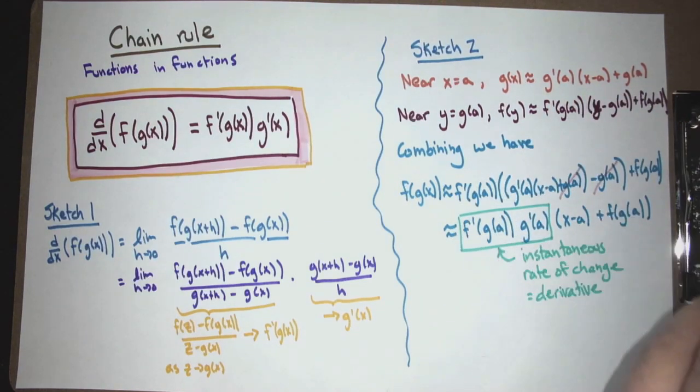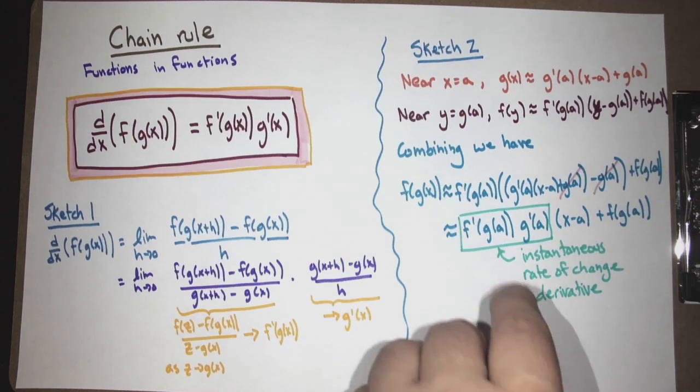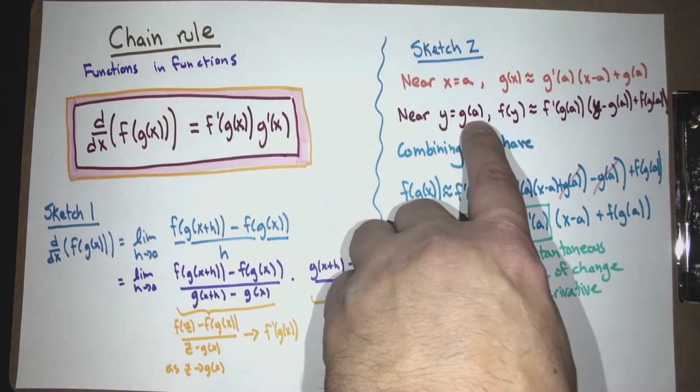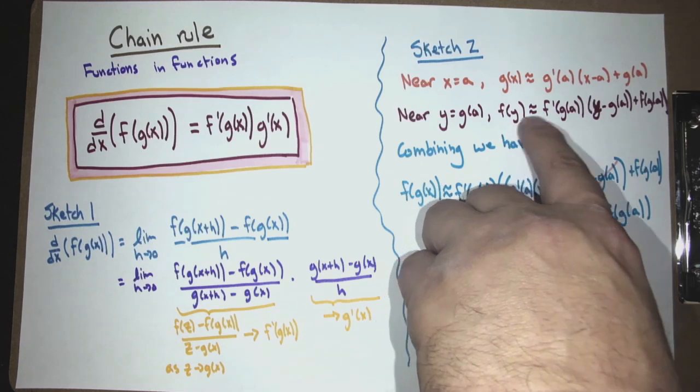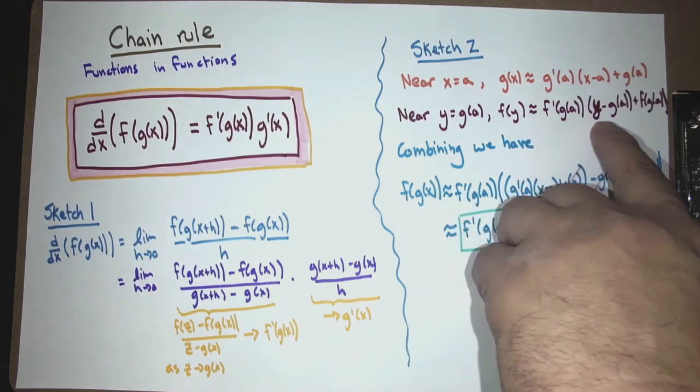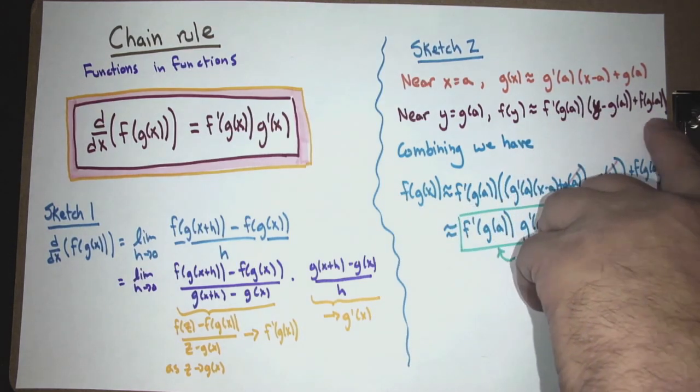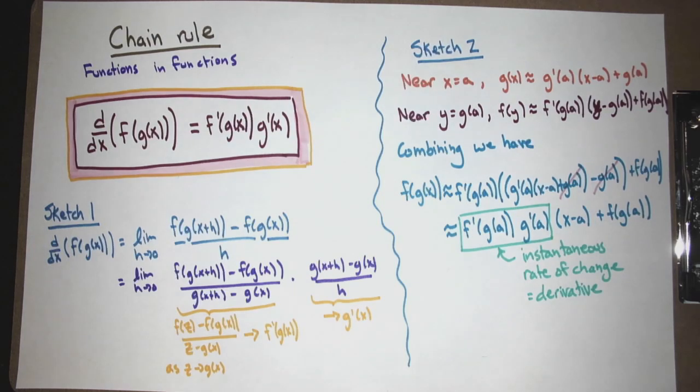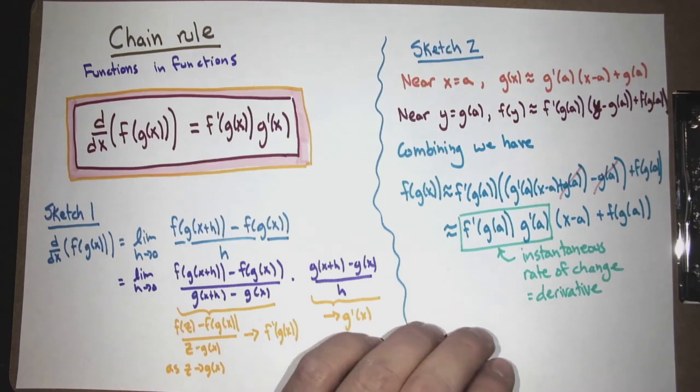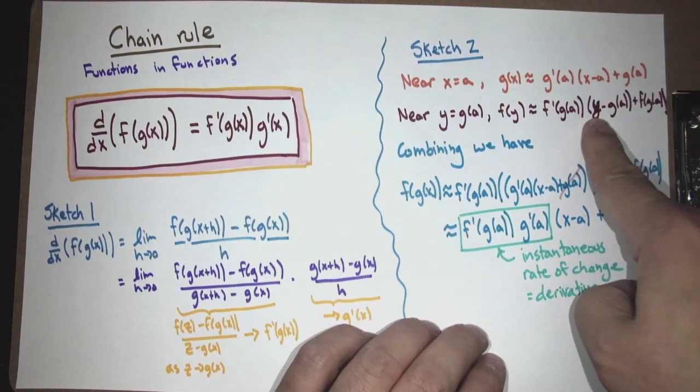All right, well, that's just because that's what it means to be differentiable, or to have a derivative. Near the point y, which is g of a, f of y looks like f prime of g of a times y minus g of a plus f of g of a. Again, that's what it means to be differentiable. So we put them together. What do we mean by put them together? Well, do you see this y?